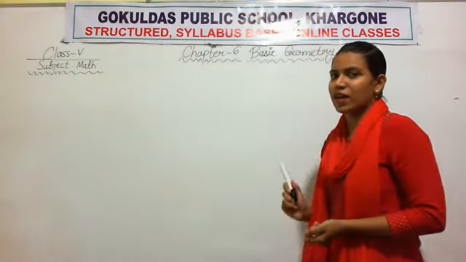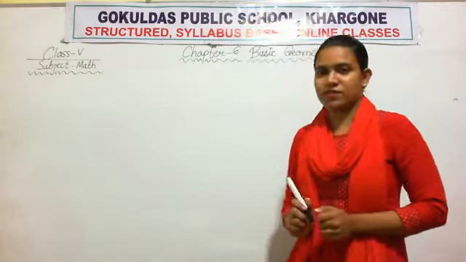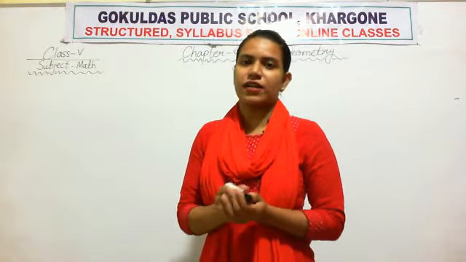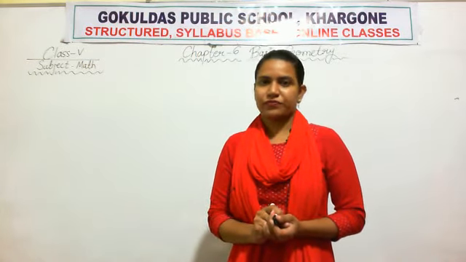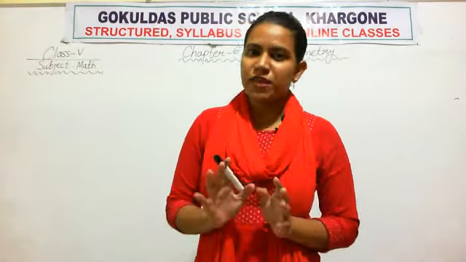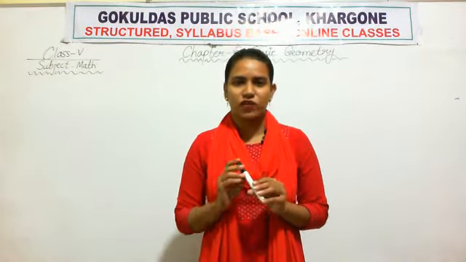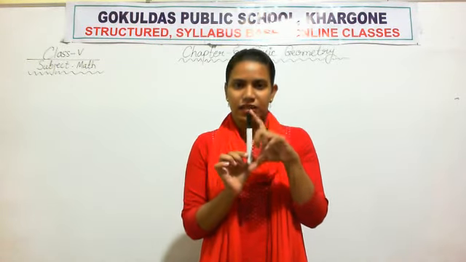What does the term geometry mean? Do you know? In class 4th you have also studied some part of geometry. So what is geometry? You see shapes around yourself. Each and everything has a particular shape and size. Like this marker, it is of cylindrical shape.